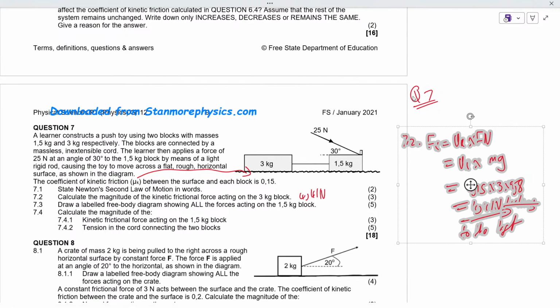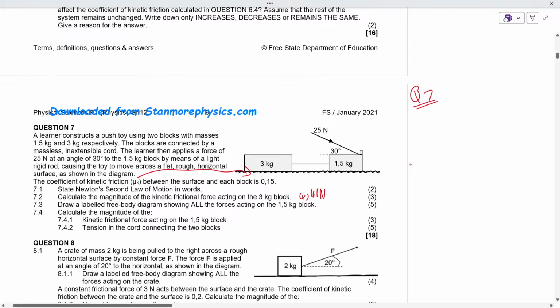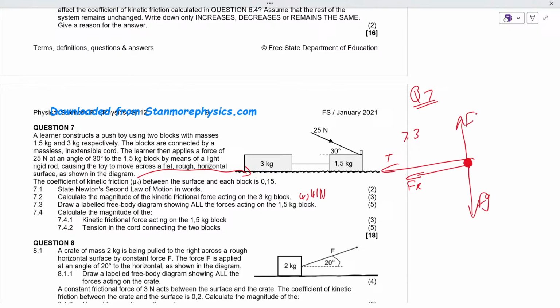So let me draw here. Then there's question 7.3: the free body diagram of all the forces acting on the 1.5 kg block. First is the tension force, which is pulling it back, the tension of this inextensible string. Then there's Fk, then Fg, then Fn, and then the applied force.